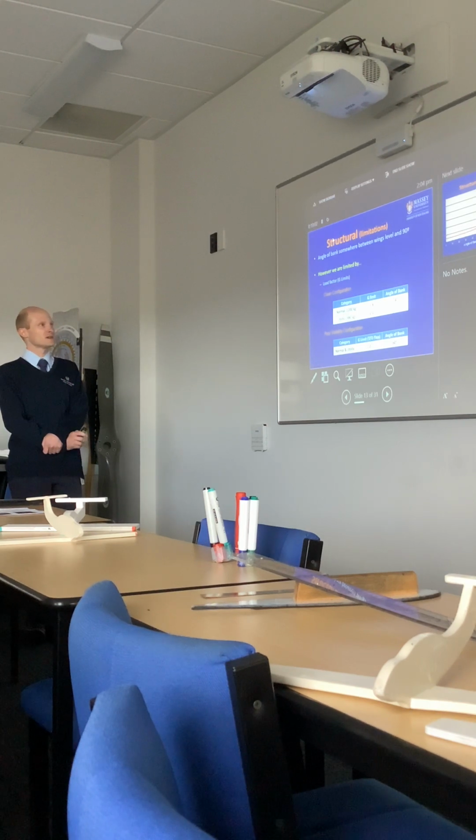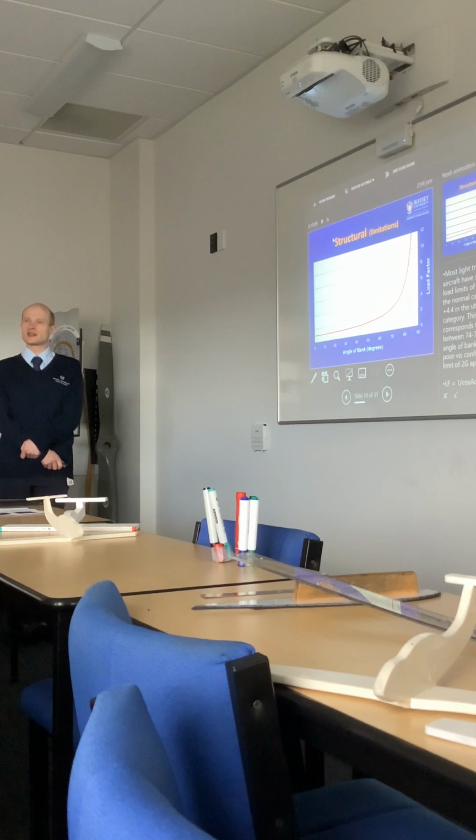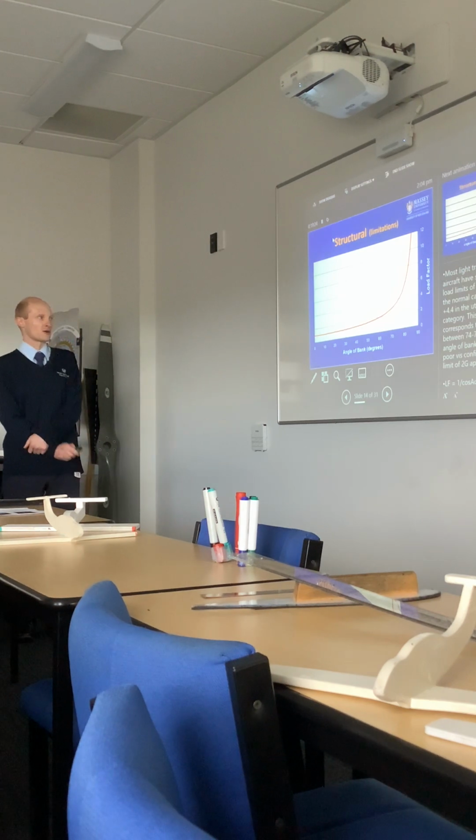Don't dwell on it. Now you've probably seen this graph, this little curve before, so it shows the exponential increase in the load factor as the angle of bank increases. And what exponential means is that as the angle of bank increases, the load factor increase gets bigger and bigger and bigger in relation to the angle of bank. So let's compare the figures we've just looked at on the previous slide, and let's plot them on here.